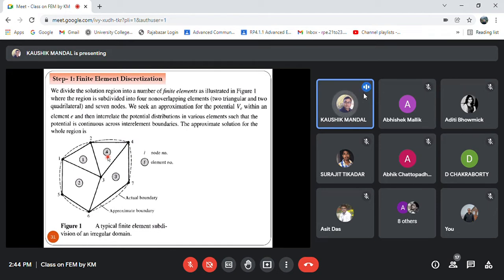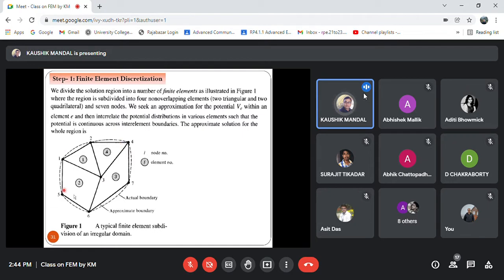In that case, one point you have to remember is that the potential must be continuous across the inter-element boundaries. So these are the initial conditions to apply step 1 of the finite element method.